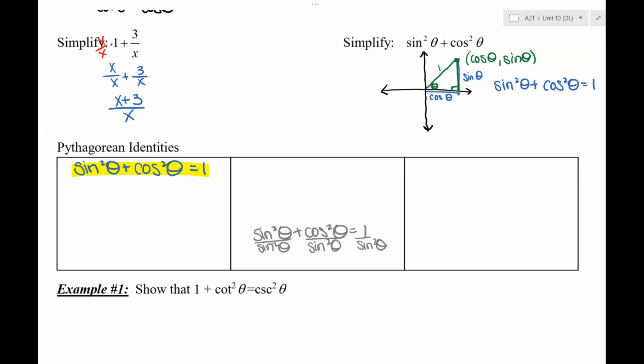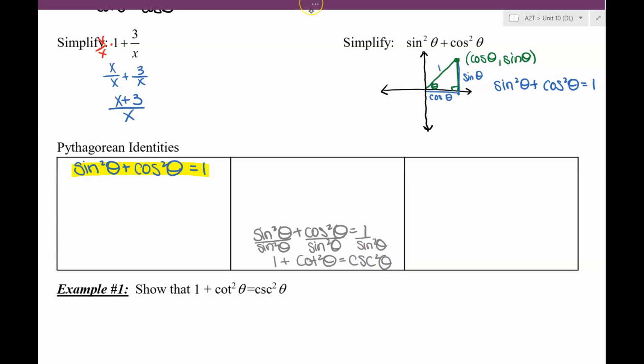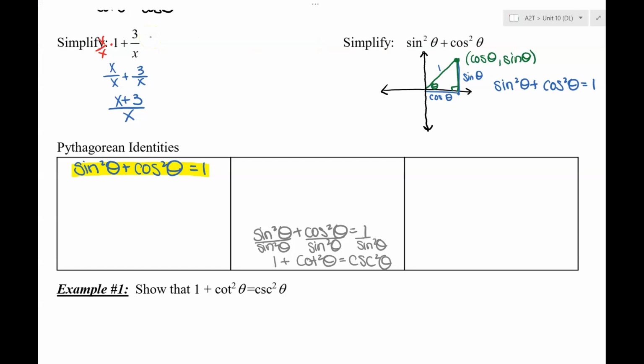So if I do that, this becomes 1. This becomes cotangent squared theta, and this becomes cosecant squared theta. So therein we have your second Pythagorean identity. So 1 plus cotangent squared theta is equal to cosecant squared theta. It came from the original, but it's dealing with two different trig functions.